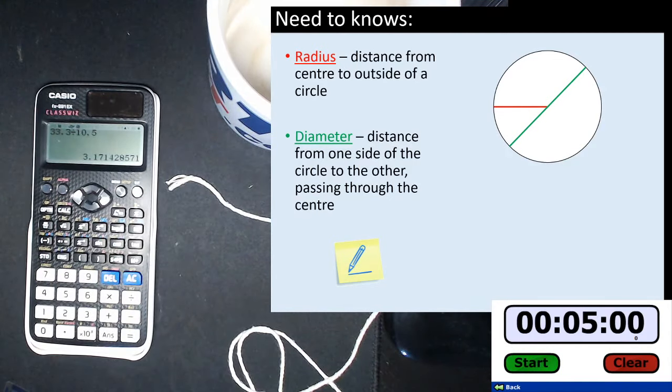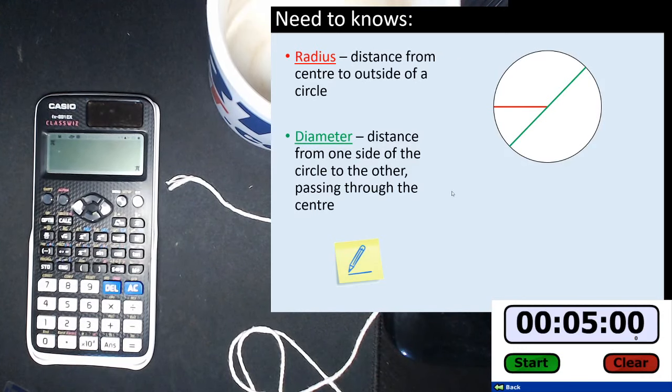And this might be slightly better to see if I show you this. We go back to this screen. So if we unravel a circle, imagine that this is the string that went around our circular object.